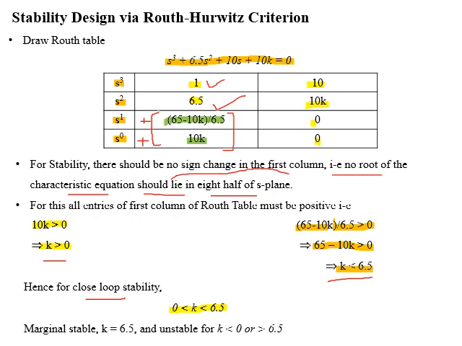So for closed loop stability, parameter k must be greater than 0 and less than 6.5. For marginal stability, k will be equal to 6.5, and for unstable operation, k must be less than 0 or k will be greater than 6.5.